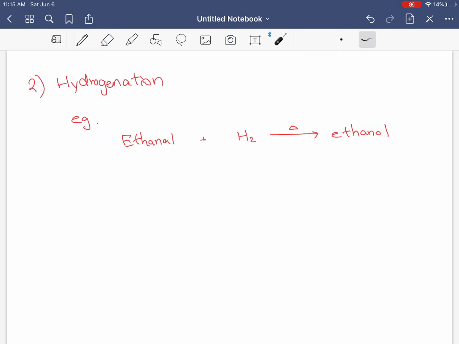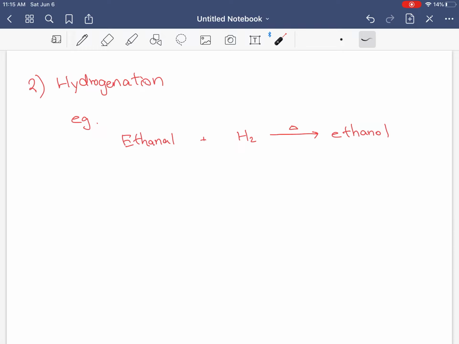This is different. This is hydrogenation. Okay? There's no reducing agent here. All you need is a little bit of heat. Okay? When I say a little bit of heat, I'm really talking about anything higher than SATP. Now, there's no specification in terms of what, because every aldehyde is going to be different.